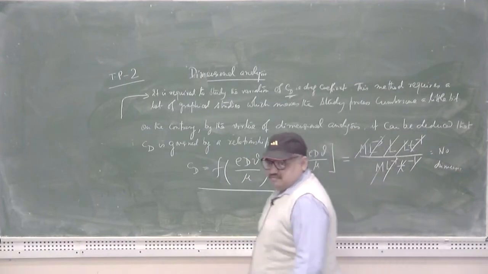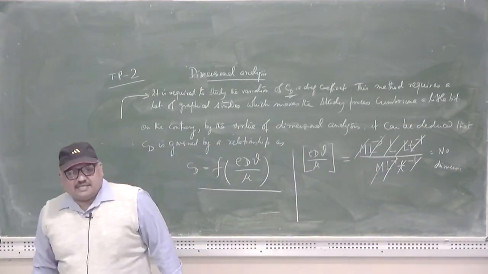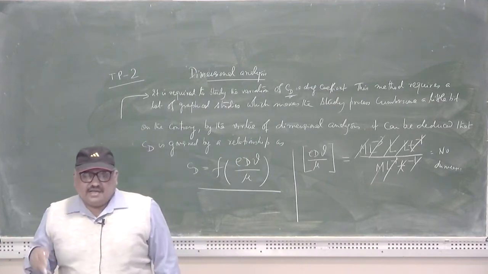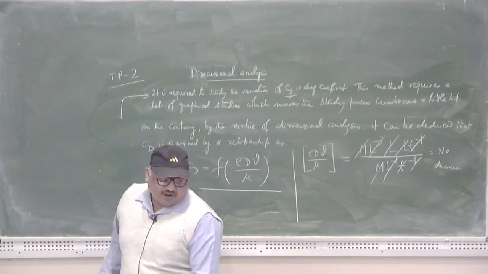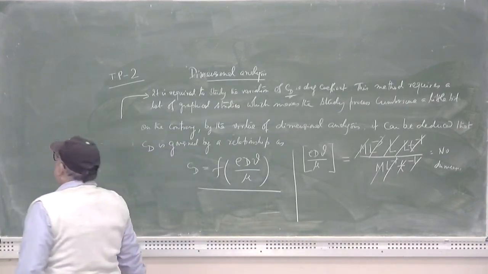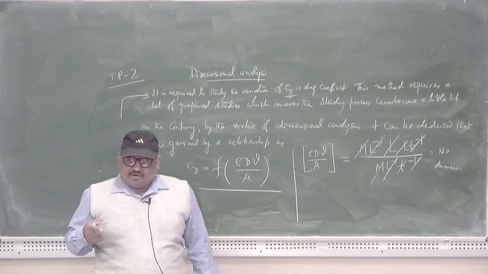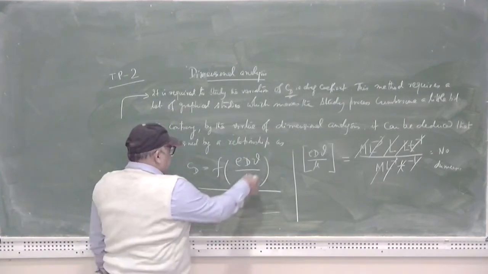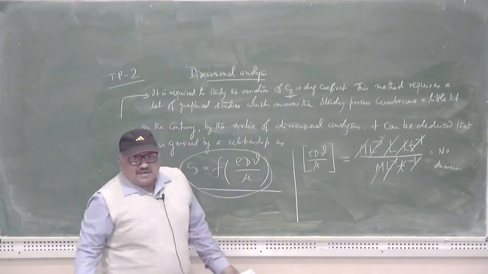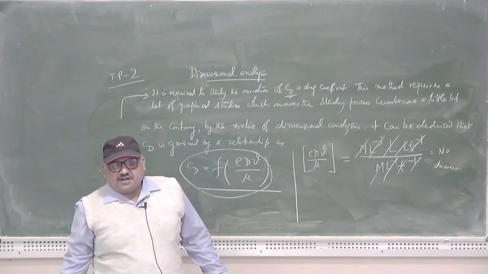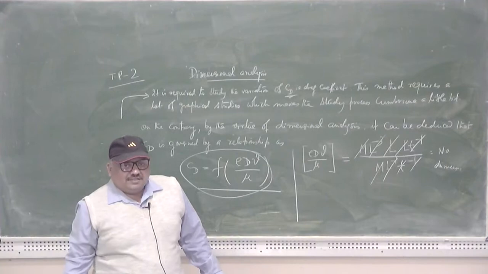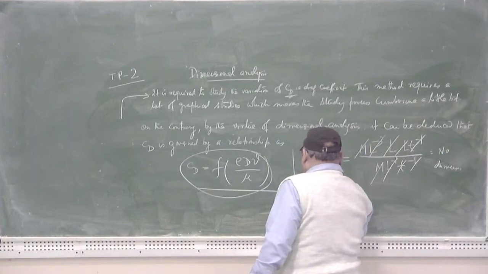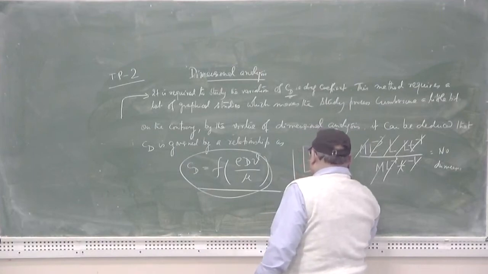It means through the dimensional analysis, without going into all those graphical studies which are required in order to establish the exact variation of CD with respect to the different associated variables or relevant variables, by the virtue of dimensional analysis you can easily establish that CD is a function of a non-dimensional number. This non-dimensional number rho dV by mu is a dimensionless number.